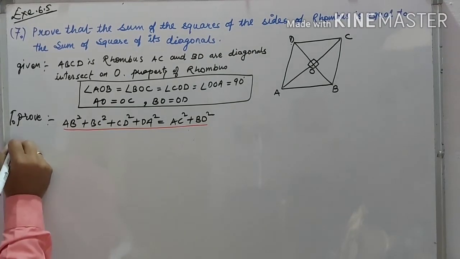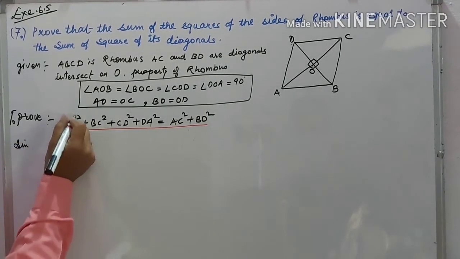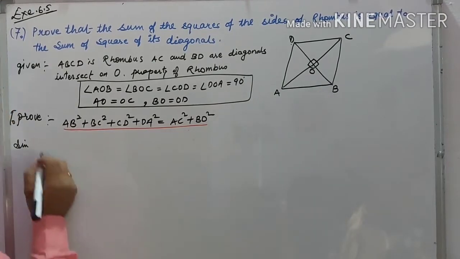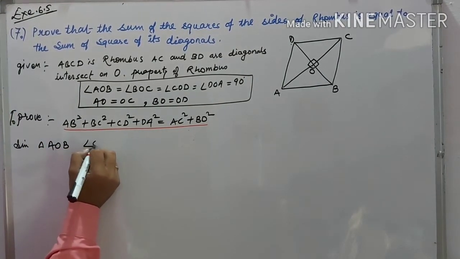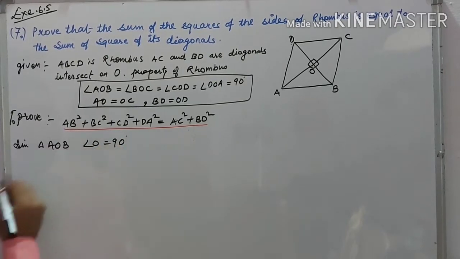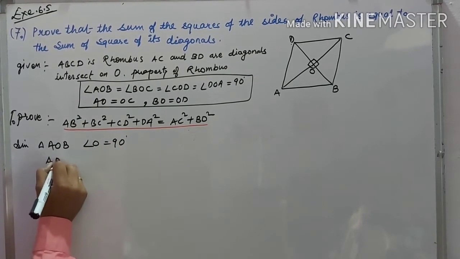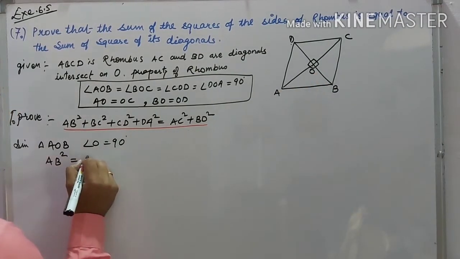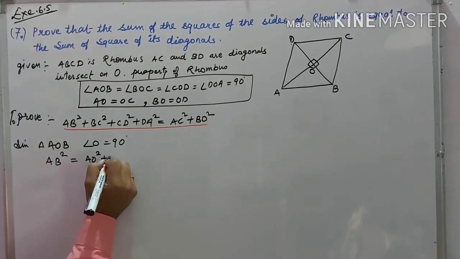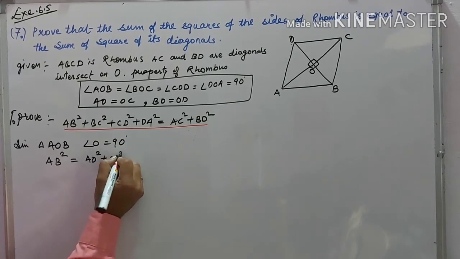Since we start with AB, where is the AB first? In triangle AOB, angle of O is equal to 90. So you write by Pythagoras theorem AB square, this is diagonals, is AO square plus OB square.